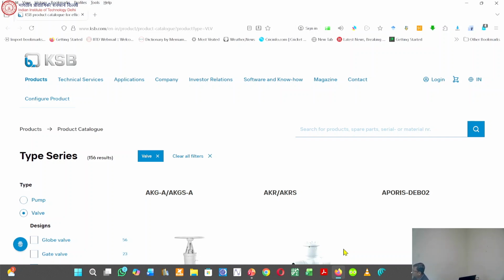Actually, not just pumps, I should say KSB. It has various things, like you can see pumps, valves and all that. So if you go to the website ksb.com, you can see a product catalog.